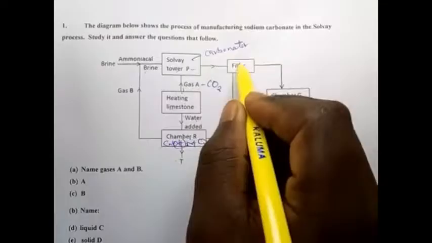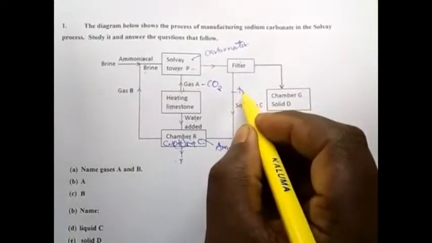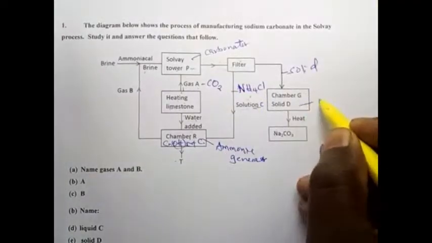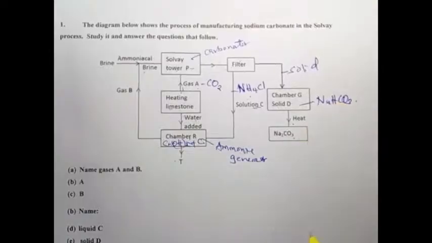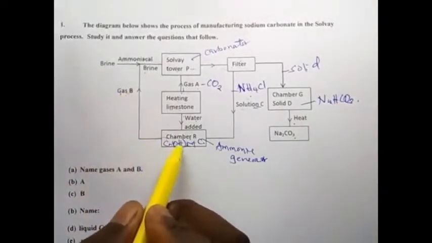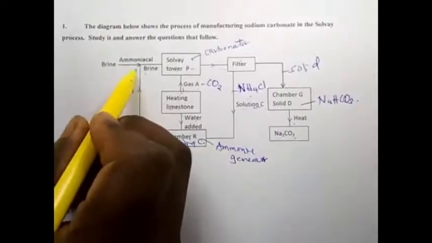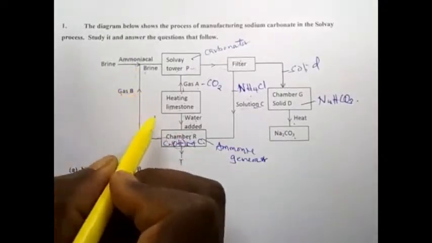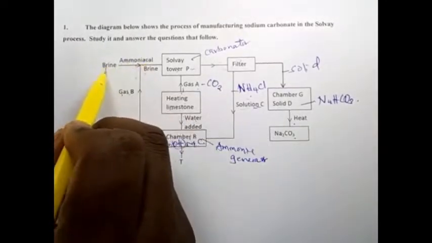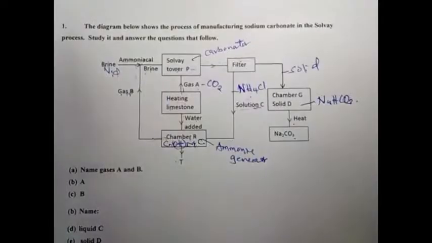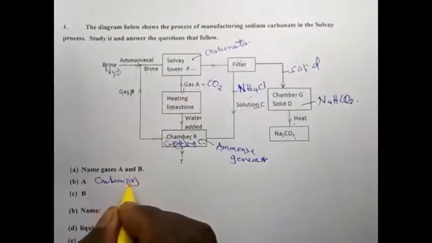The solution is ammonium chloride, and the solid is sodium hydrogen carbonate. So it's ammonia that is produced here, in the ammonia generator, going up. And even when you don't know that it is generated here, you should know that this is ammoniacal brine. Then this is sodium chloride. So sodium chloride combines with ammoniacal brine.